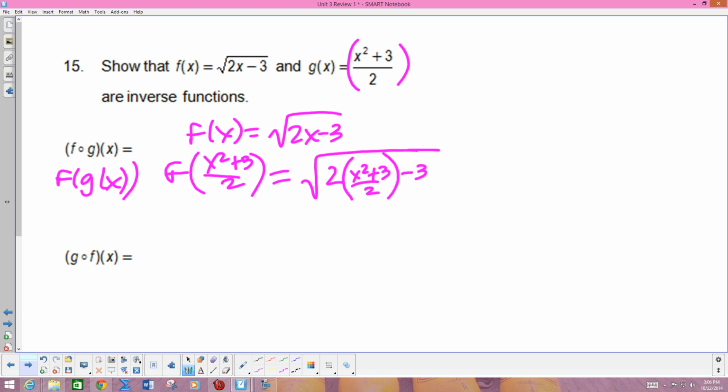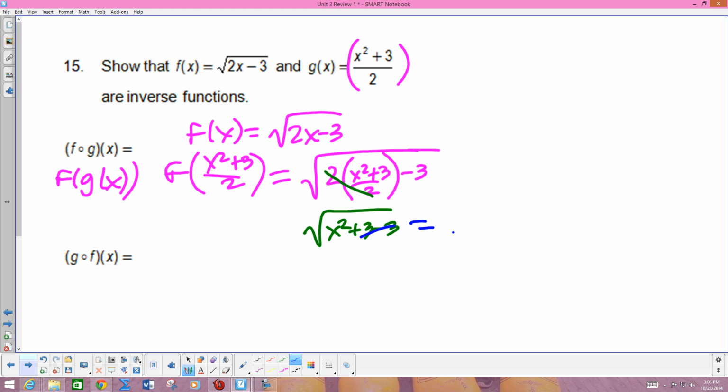This looks really familiar, exactly like what we did, but it's good practice. So here, how can I simplify? The 2's are going to go. It's okay that they can be reduced because they are being multiplied. And then I have a big square root of x squared plus 3 minus 3. And what's going to go now? 3 minus 3, that's going to go.